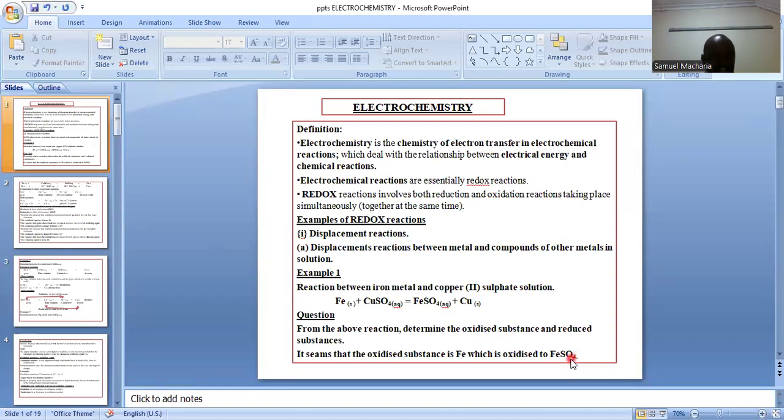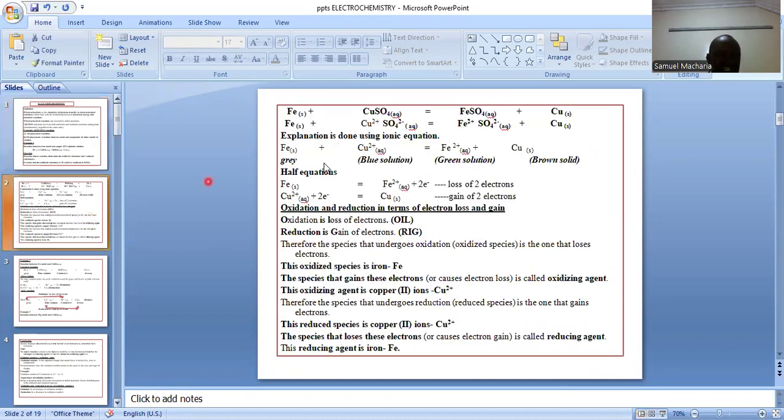Of course, here, oxygen has not been added, but another element is added, which is sulfur. So we are going to further this definition of oxidation, because it is not only oxygen which is added.